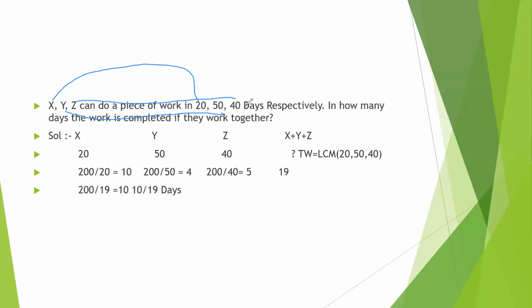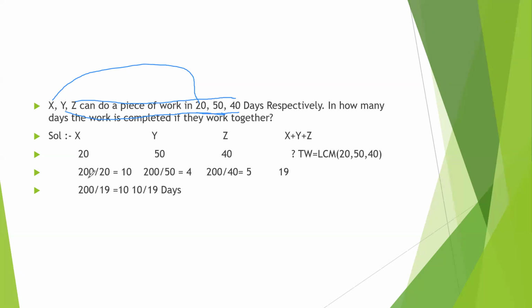It is the LCM of the given days, that is the LCM of 20, 50, 40. The LCM of 20, 50, 40 is 200.